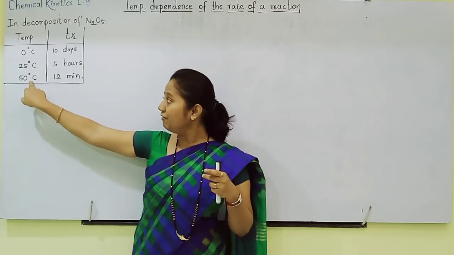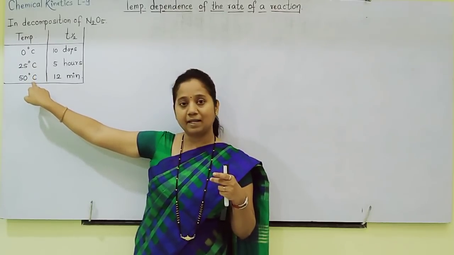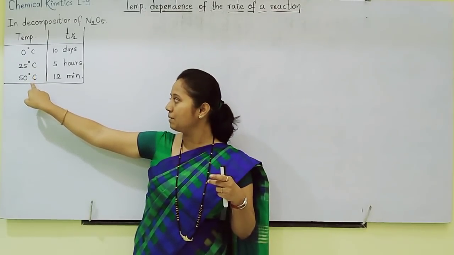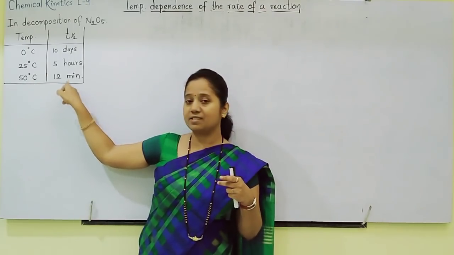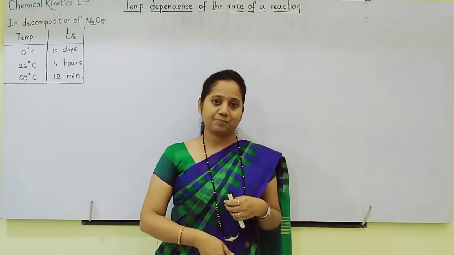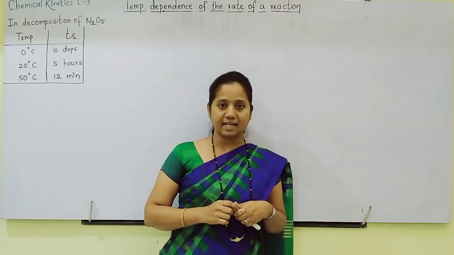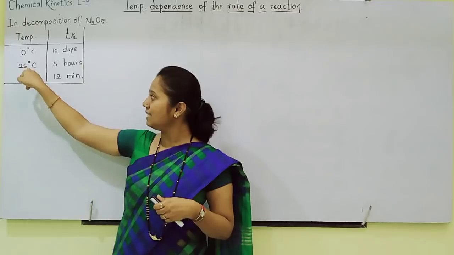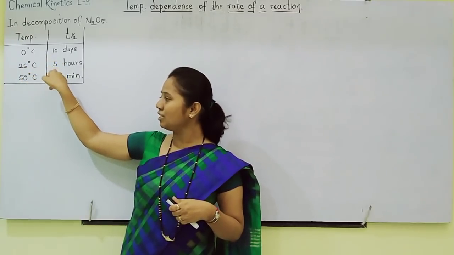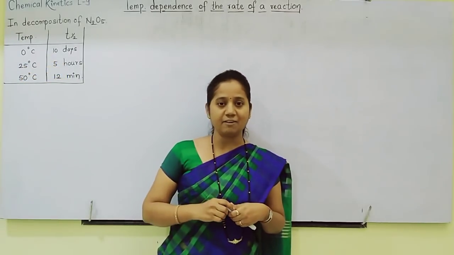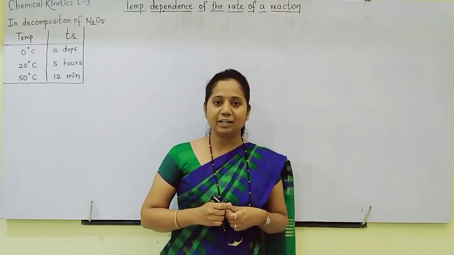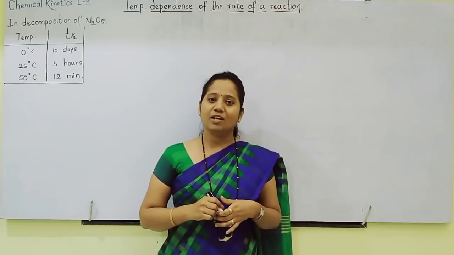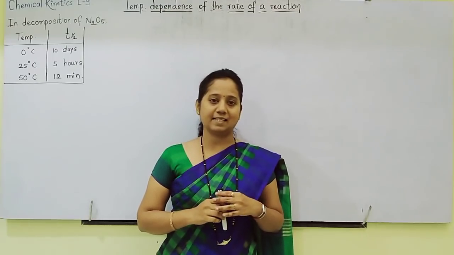If again we increase the temperature by 25 degrees Celsius, it becomes 50 degrees Celsius. Then reaction finishes in 12 minutes. So very easily you will understand that as we increase temperature, reaction is becoming faster and faster. So speed of reaction or rate of reaction increases as temperature increases.